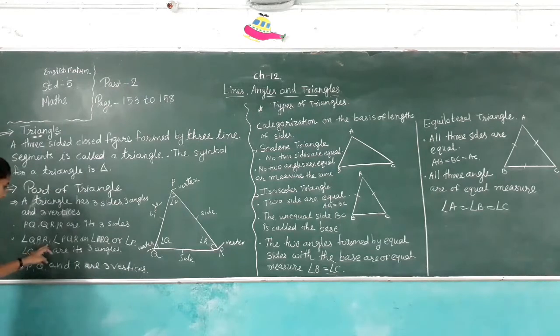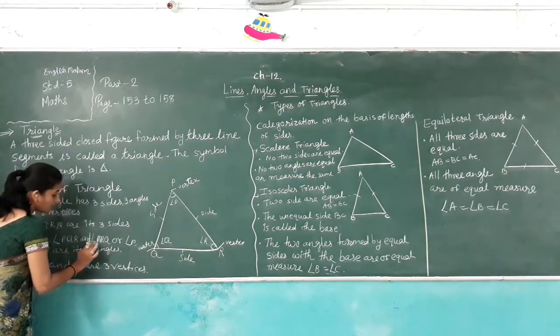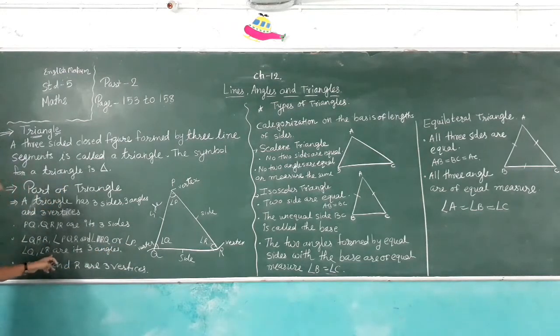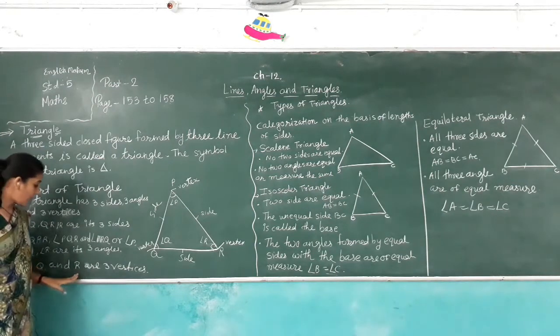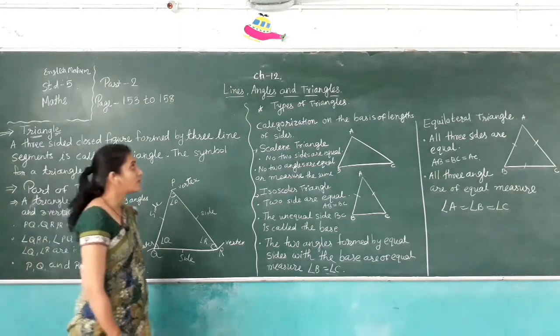Angle QPR, angle PQR and angle PRQ, or angle P, angle Q and angle R are its 3 angles. P, Q and R are its 3 vertices.